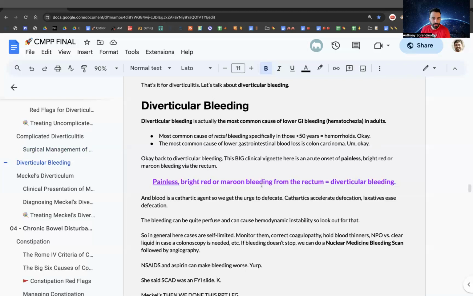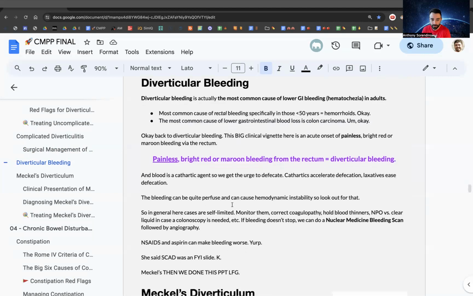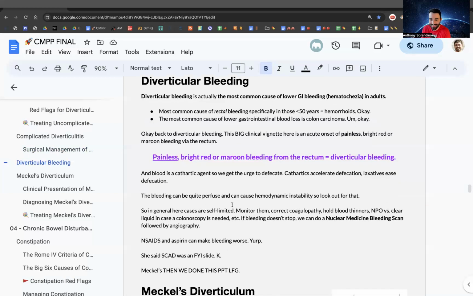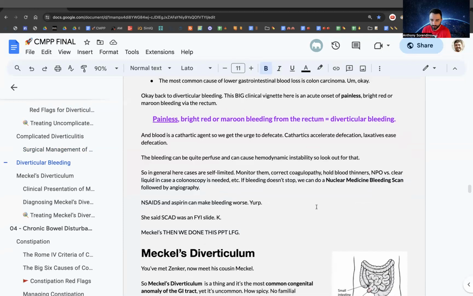All right, the big thing here is going to be the acute onset of painless bright red or maroon blood. So your patient was on the toilet, living their life, and they look down and there's just blood out of nowhere, okay? Because this is painless, it just kind of happens. And blood is a cathartic agent, so we're going to get this urge to defecate as well.